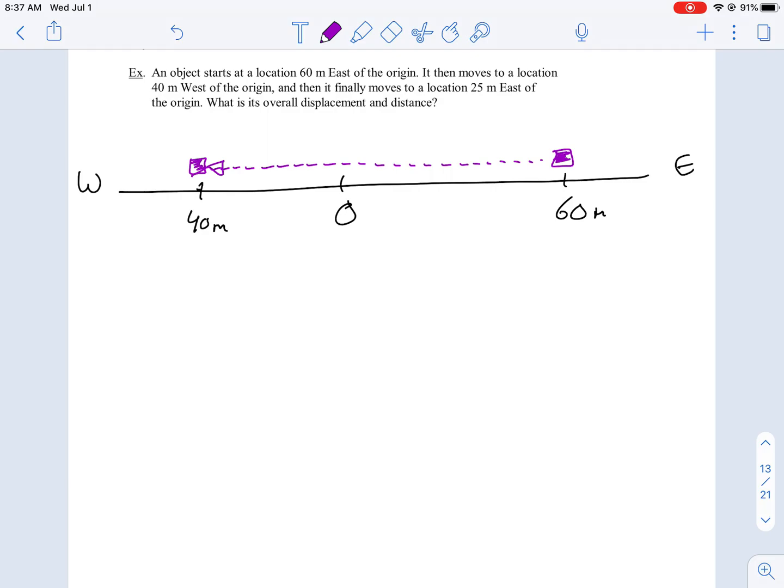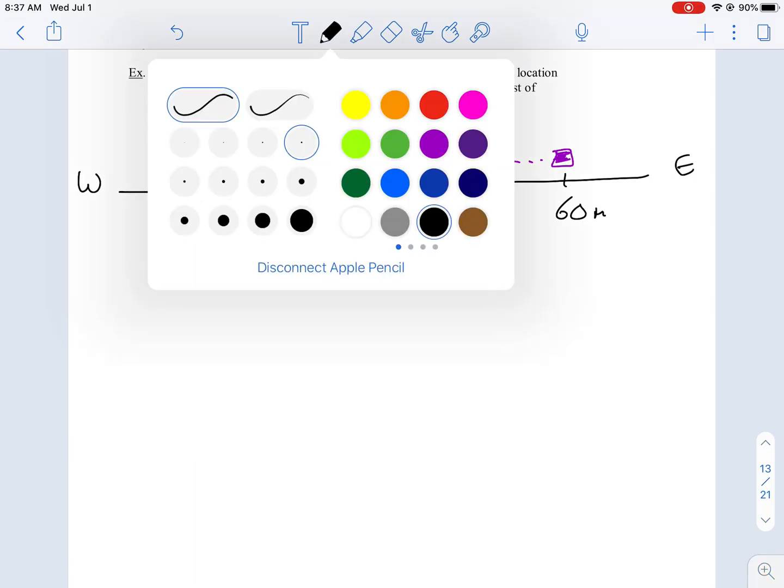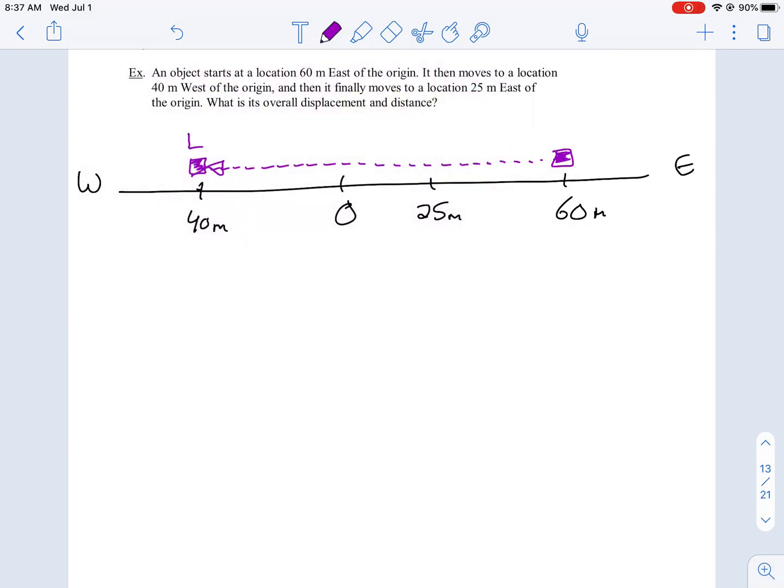So then it goes to 40 meters west of the origin. And then it finally moves to a location 25 meters east of the origin, which is about here. So that same object from here goes back to here.